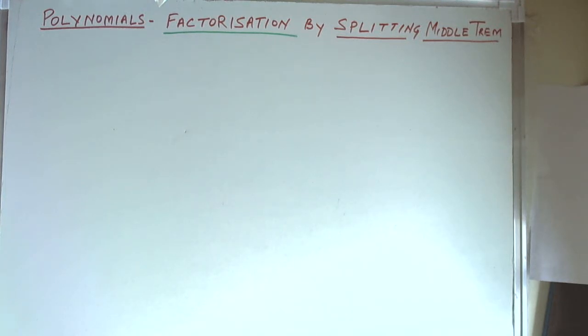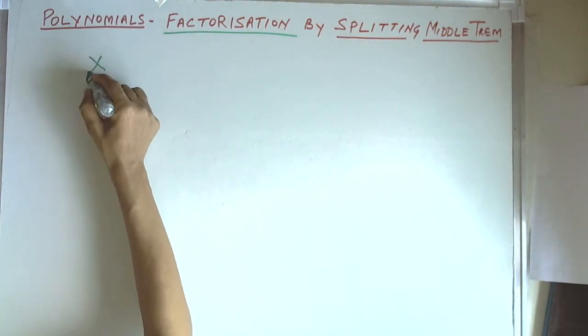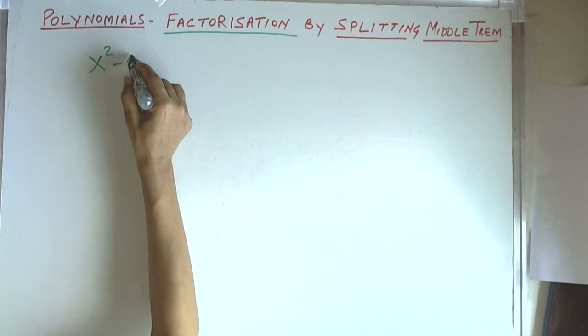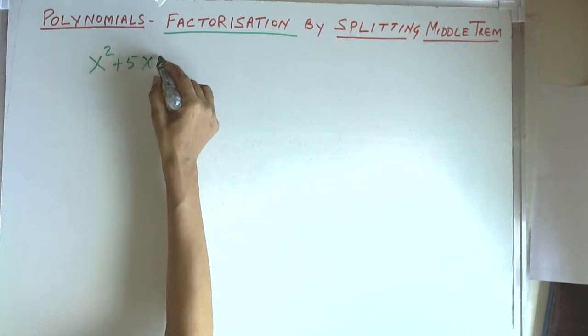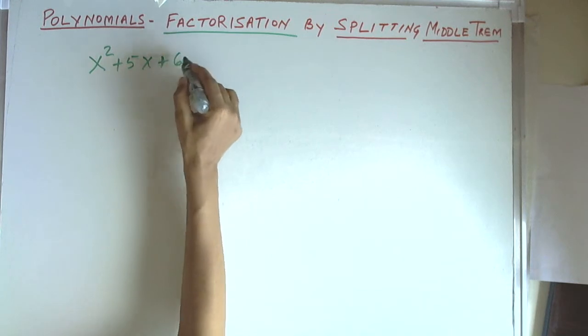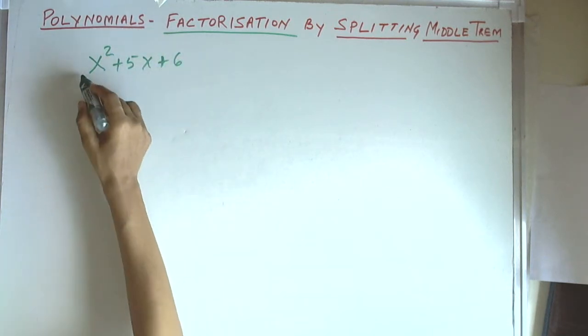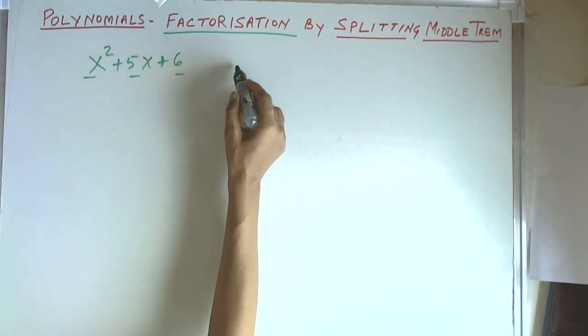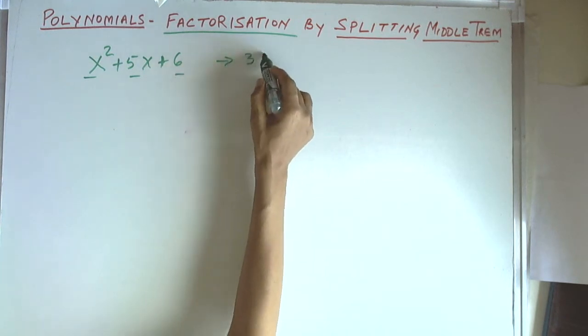Now let us take an example that we have x square plus 5x plus 6. Now this is a polynomial, and how many terms are there? There are 3 terms in this.